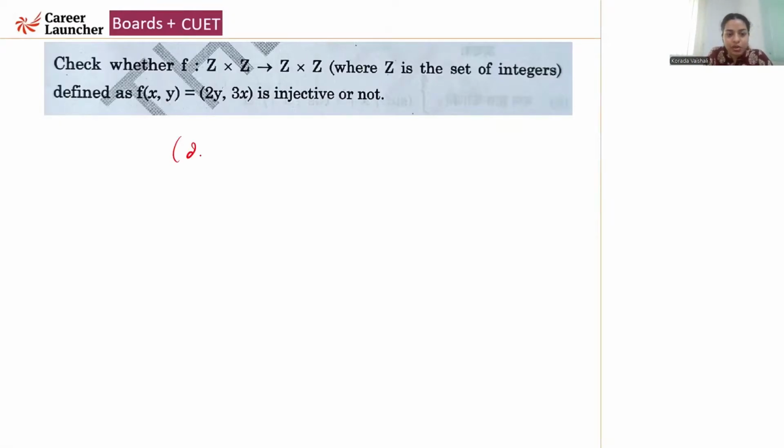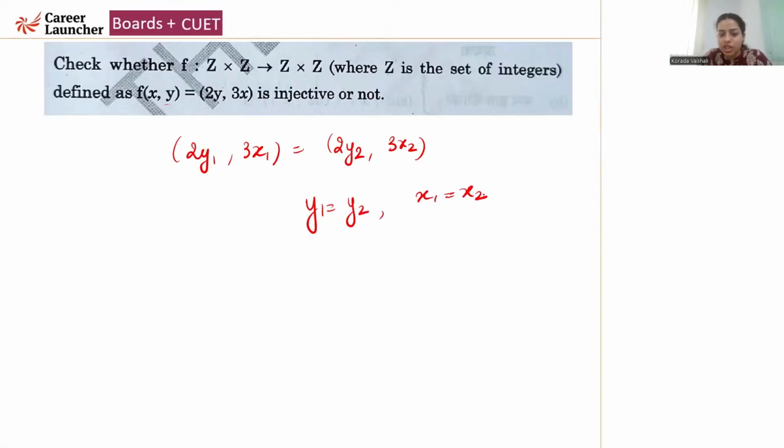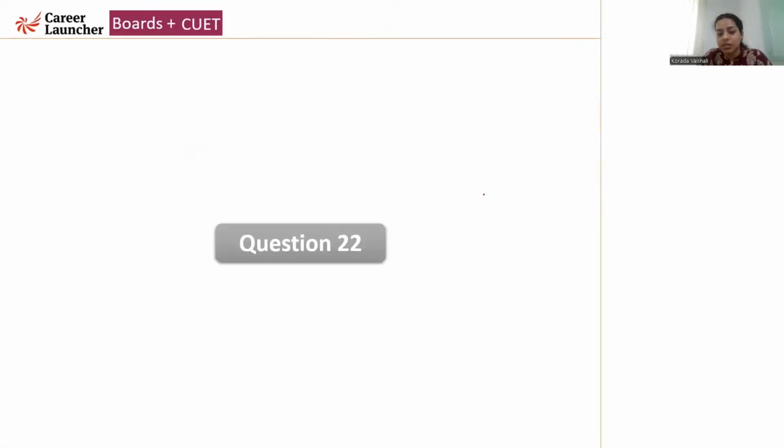Let us assume (2y1, 3x1) is equal to (2y2, 3x2). So I am considering that f of (x1, y1) is equal to f of (x2, y2). Now comparing these two equations, you can easily say that the value of y1 is equal to y2 and the value of x1 is equal to x2, and this is a 1-1 function, right? Onto has not been asked here, so we are not going to check for that. So this completes question number 21.